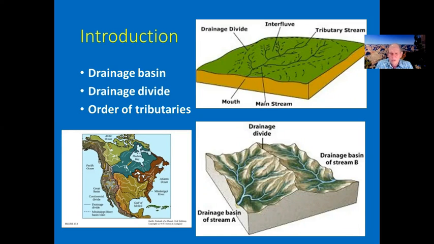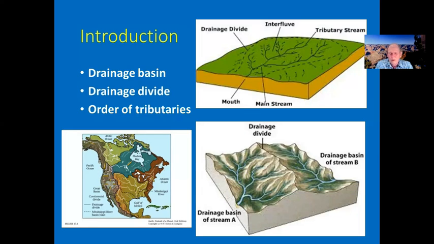This high point, as illustrated in the lower left-hand slide, is the drainage divide. So you've got drainage basin A coming up to the drainage divide on one side, and drainage basin B coming up on the other side. And you can see how the drainage divide goes completely around the drainage basin in the diagram in the upper right.